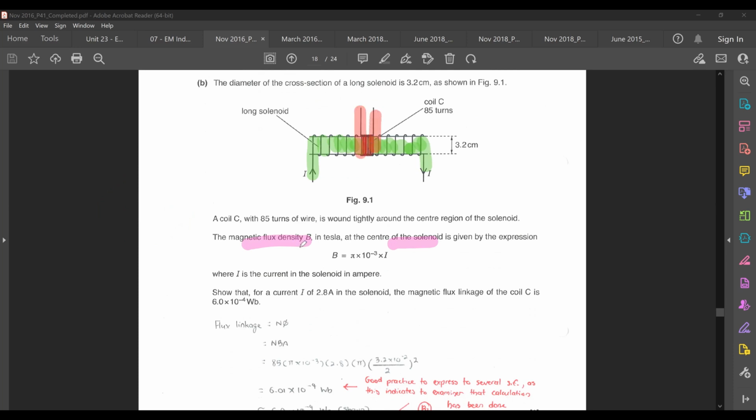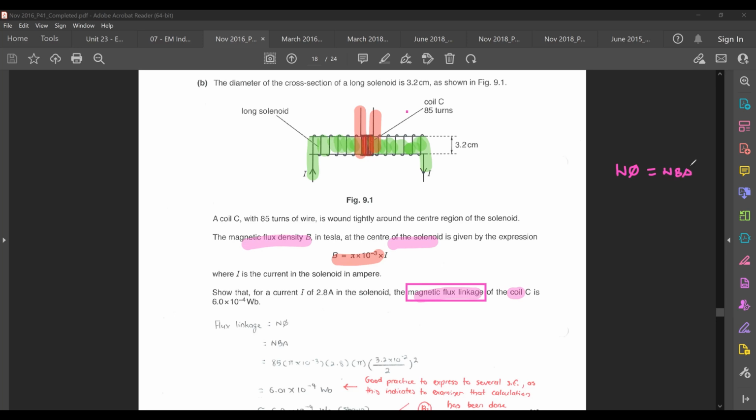So the magnetic flux density at the center of the solenoid is given by this equation. They want you to find out what is the flux linkage in coil C. So the keyword here is the flux linkage.